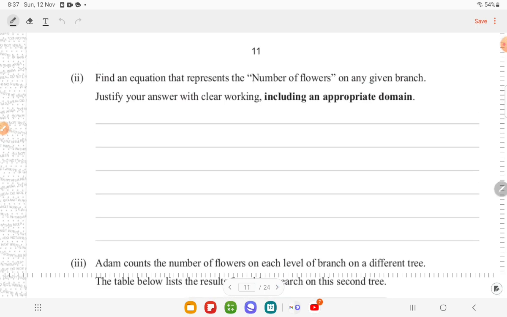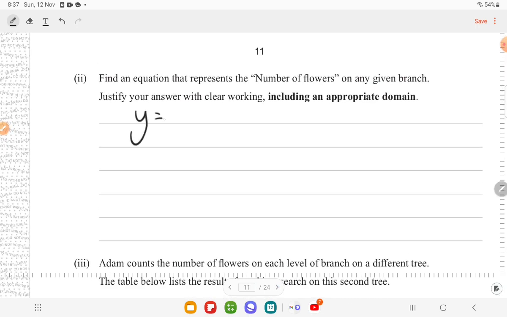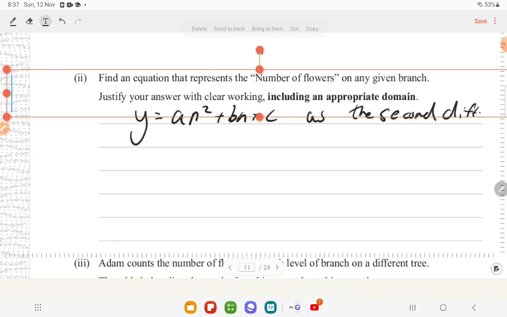So y is equal to a n squared. Actually, this is the second difference.